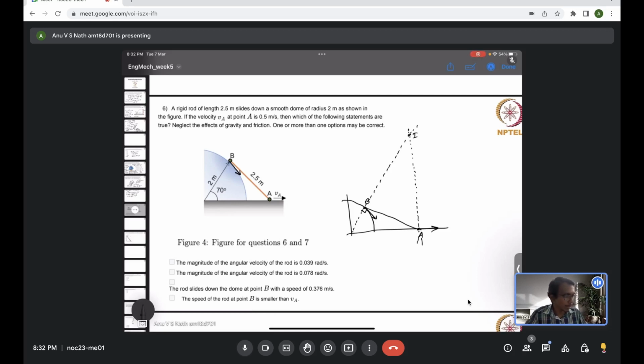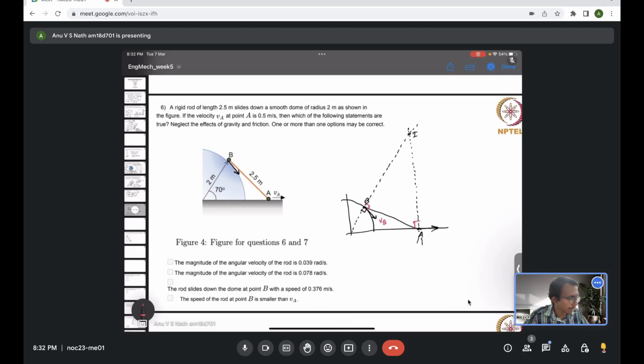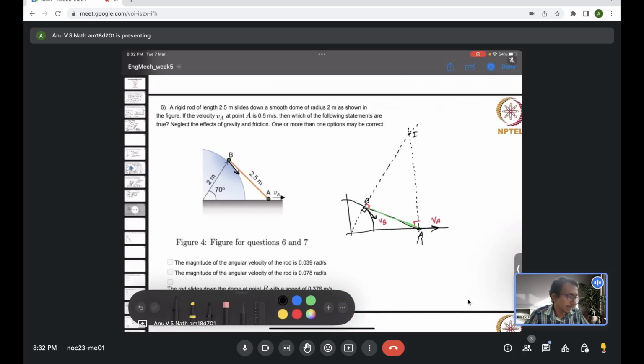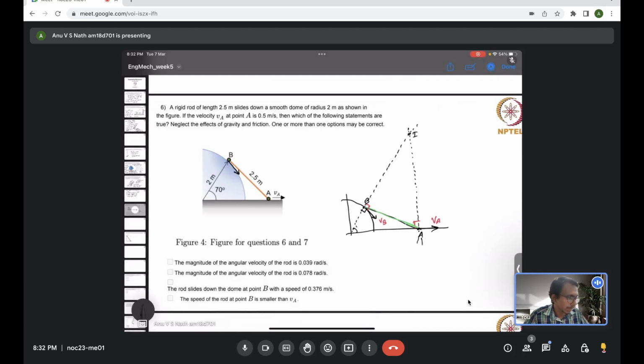Now what are the things? So this is now a geometrical thing. Now we know this should be 90 degree. These things are 90 degree. So the 90 degree is to the velocity vector VB. Okay, and this is not to the rod. The angle to the rod we have to evaluate. We will do that. And this angle is given 70 degree, and this angle is unknown.